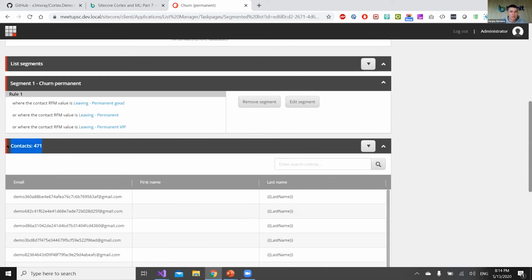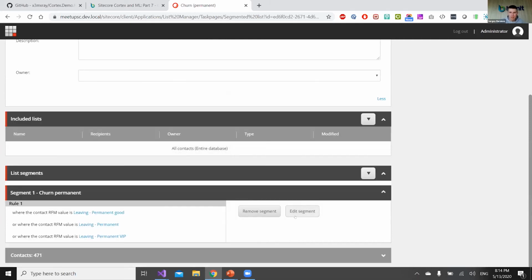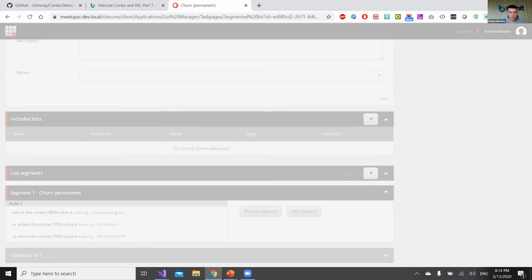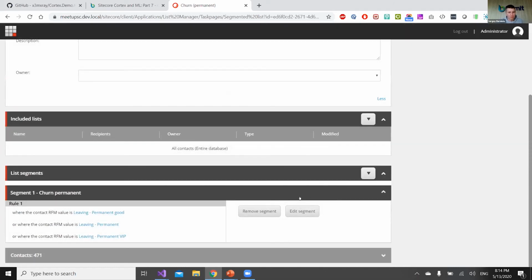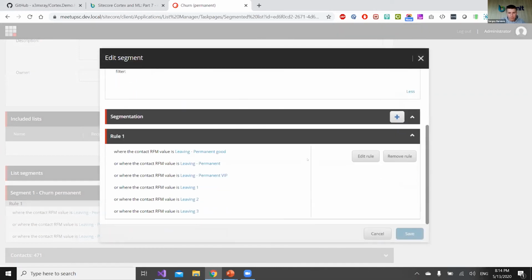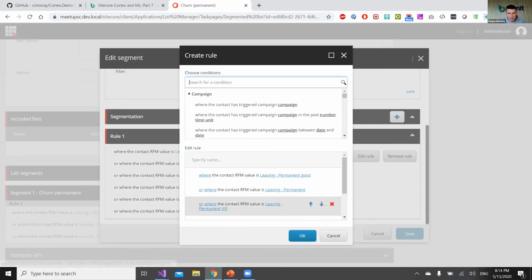And for marketers, it's very important to know which of our customers they should make some offers or benefits to. And also we can use the same for personalization rules.